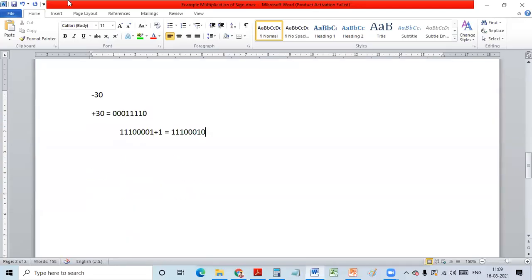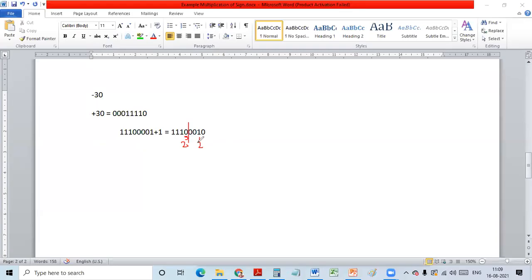Now take the terms k and m. See, this is 2 power 0, 2 power 1, 2 power 2, 2 power 3, 2 power 4, 2 power 5, 2 power 6, 2 power 7. Since there is no 0 here, it is continuous. Even if you extend this to 16-bit length in 2's complement form, this is an 8-bit representation.